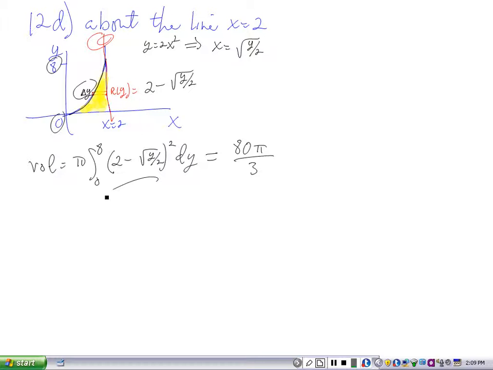Well, number 13. y is equal to x squared, y is equal to 4x minus x squared. Well, let's see what we have.